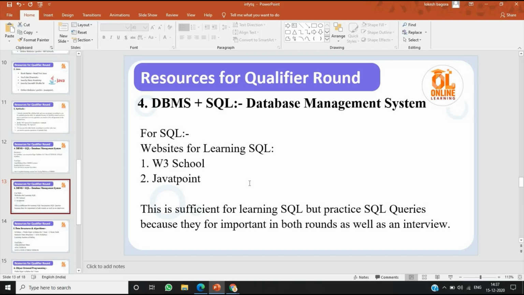So friends, practice queries daily. You need to practice query questions daily, and you should use the quiz section of the Infytq platform. There are so many questions present, so you can practice from that section.